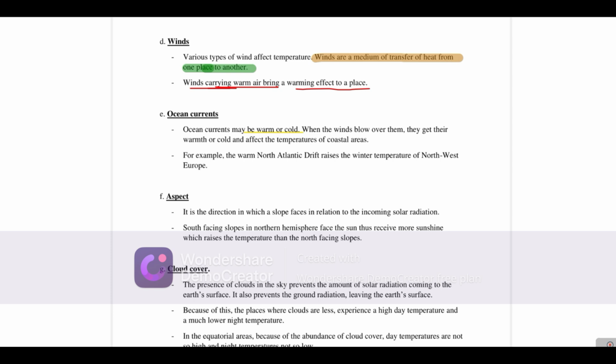So that is the effect of warm ocean currents.